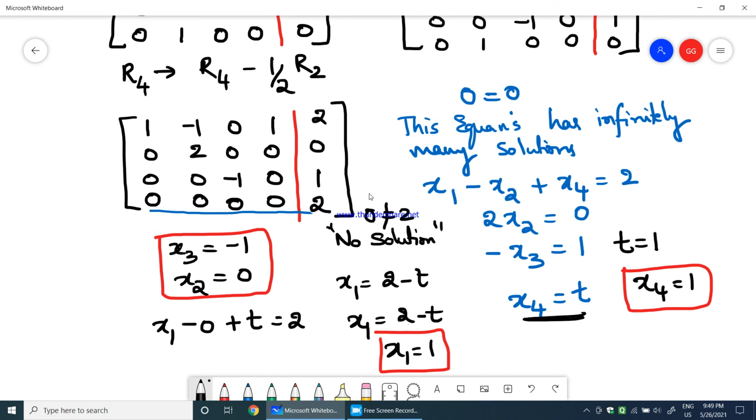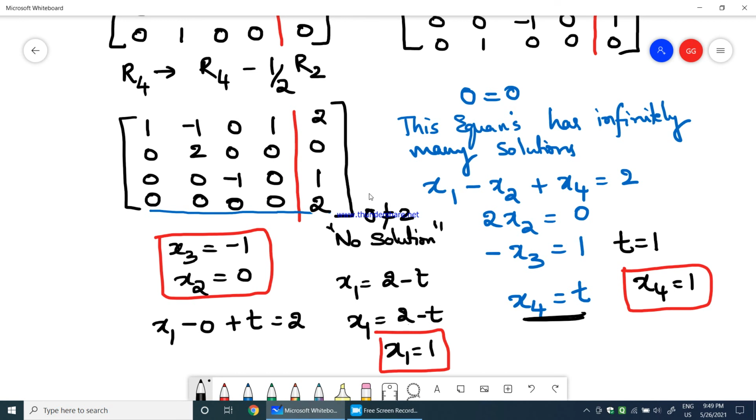Anyway, in this problem you got the complete row, both on the right hand side and in the last row, you got all zeros. Then we say 0 equals 0. In such a case, what we did for x4, we assumed that to be equal to t, and then we assumed t to be equal to 1, and then we found the solution for all 4 variables. So this is the Gauss-Jordan elimination method.